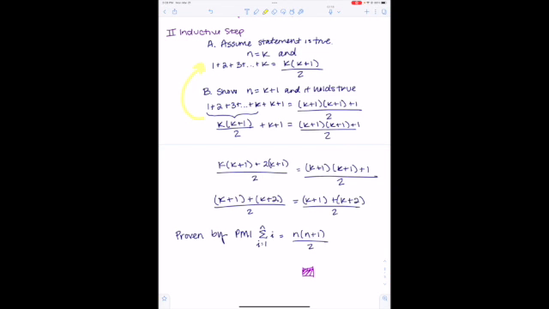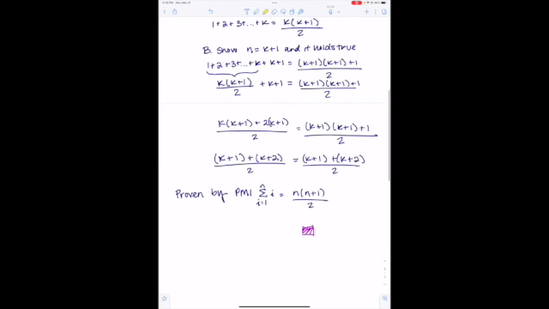So replacing that with the statement you already proved in part A, you will get k multiplied by the quantity k plus 1 over 2 plus k plus 1, which will then equal the right-hand side after you've replaced your n's with k plus 1 instead, which equals quantity k plus 1 multiplied by the quantity k plus 1 all over 2.